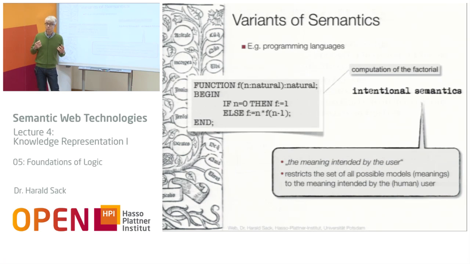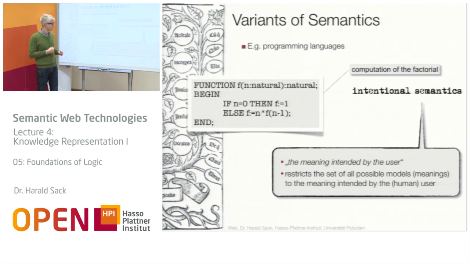The first and most natural thing is the so-called intentional semantics, so the meaning intended by the user. And this restricts the set of all possible meanings, of all possible models, to the meaning intended by the human user. So for example, for this little fragment of code you see here, a factorial is computed. And the computation of the factorial is the intentional semantics.